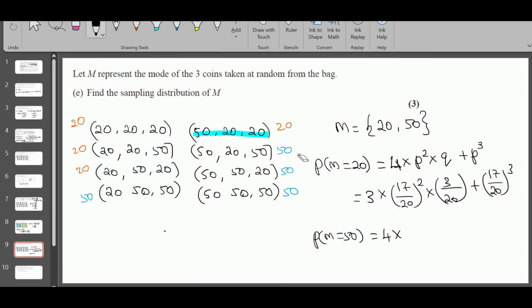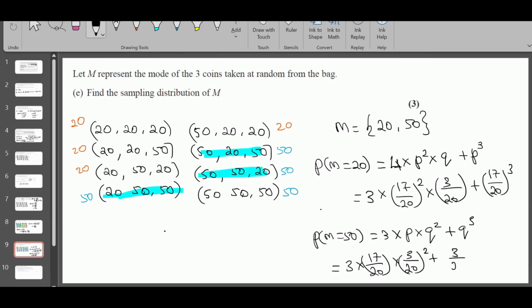For 50 now, there are 3 similar combinations, not 4, 3. So 3 times P times Q squared, plus Q cubed. So 3 times 17 over 20 times 3 over 20 whole squared plus 3 over 20 whole cubed.